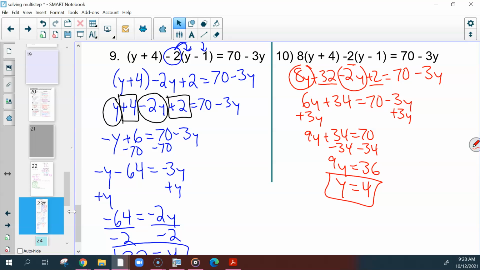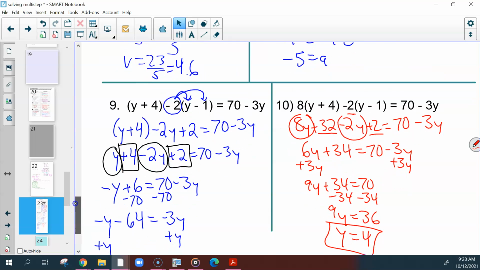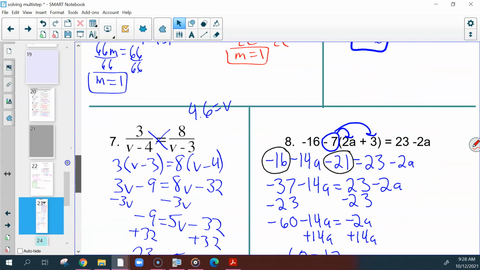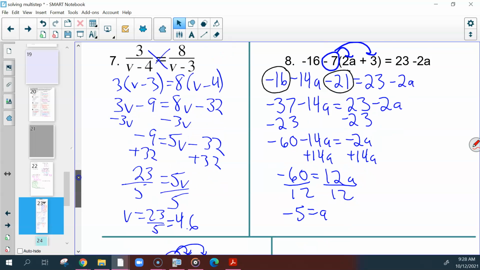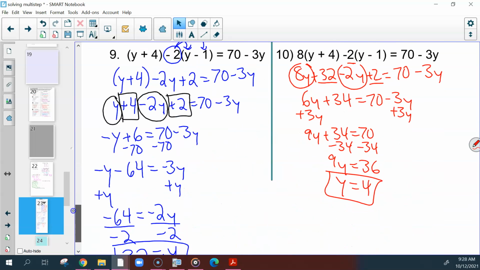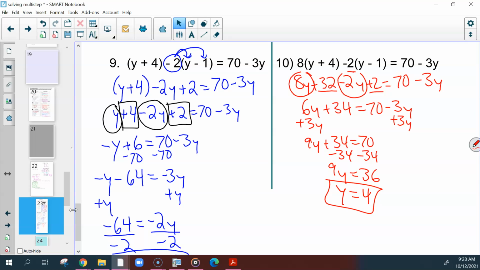Yes. Yeah, this is between number 9, but this is number 8. a equals -5. So this part in blue is wrong. 10 is 9.